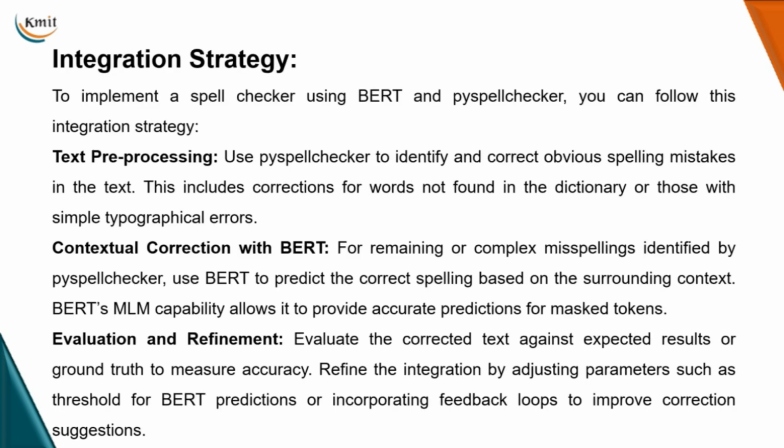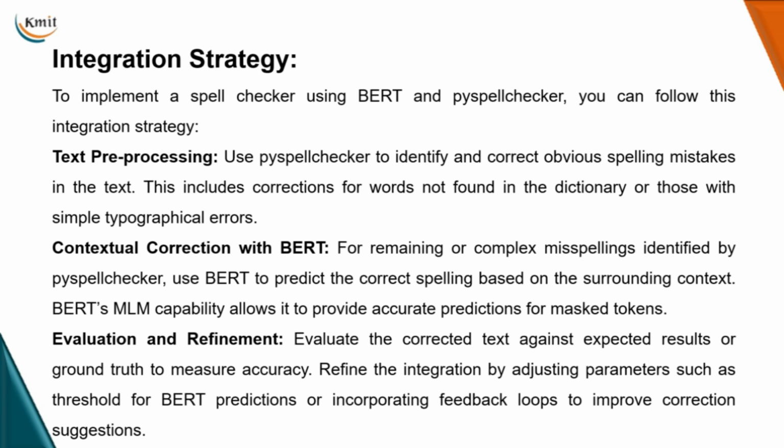Now we integrate these two models, the BERT model and the Pyspellchecker module, which I am importing from the libraries. To implement the spell checker, we use BERT and Pyspellchecker. These are the three steps that I use. First, text pre-processing, where I identify and correct obvious spelling mistakes in the given text input.